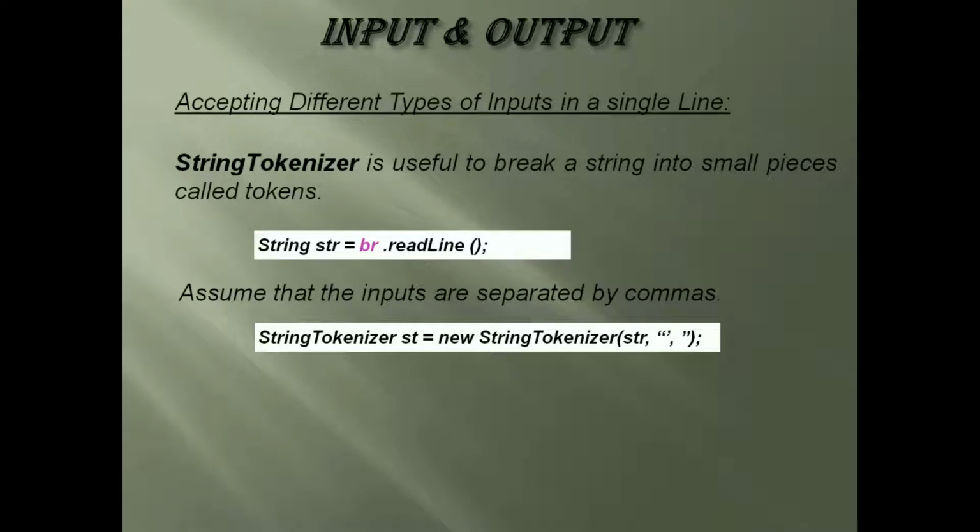Then we will collect the individual tokens from str using the nextToken method of the StringTokenizer class in this way: String token = st.nextToken(). Now we have the tokens.